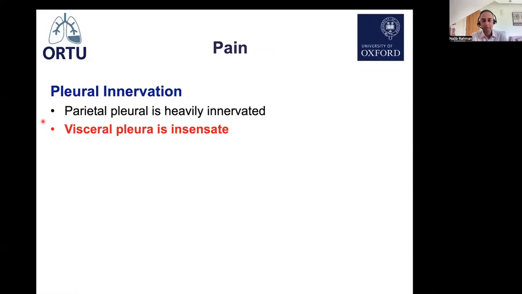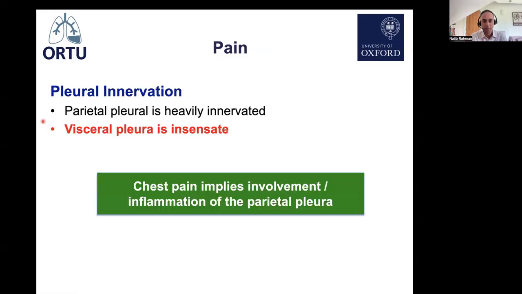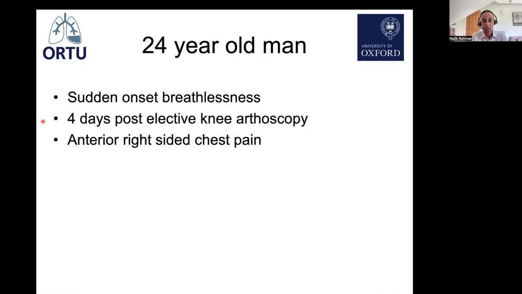And the parietal pleura is incredibly heavily innervated and associated with significant pain if it is manipulated or if there is inflammation in that area. Now, why is that important? Because if you have a patient who presents with chest pain, you know without doing any further interventions or scans that there must be involvement of the parietal pleura, and this can become really important in your clinical practice.